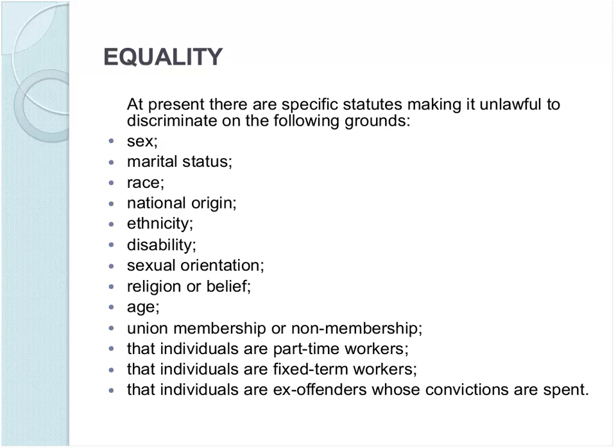So we have some grounds. For example, sex, men or women, marital status, race, national origin, ethnicity, disability, sexual orientation, religion or belief, and age also. Union membership or non-membership: if you are a union member, you can also be discriminated against at work.